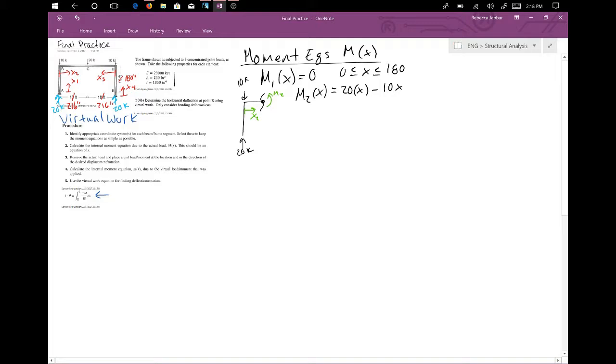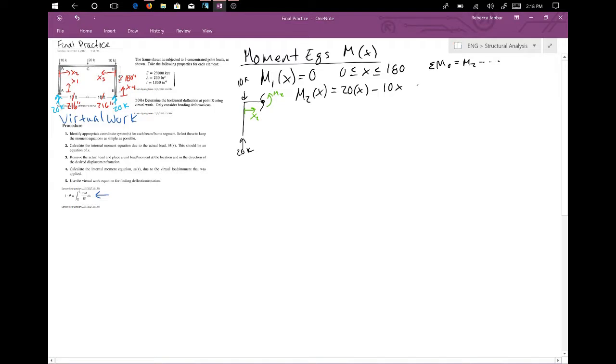I know it looks a little confusing because of the sign convention, but obviously this is a positive moment. If we had just summed the moments at that point, we would have had the 20 be negative and the 10 be positive. But I'm trying to simplify it and go quickly, but still explain.